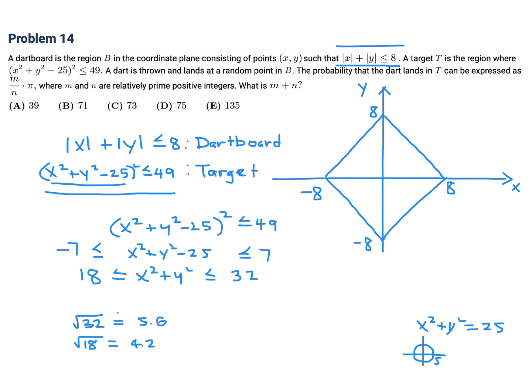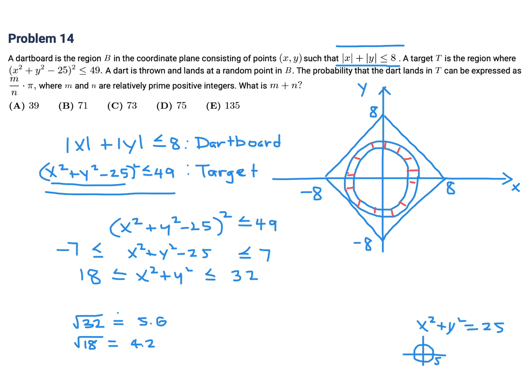It's not going to be perfect, but something like this here, and then this right here. Yeah, that's what we're looking at. And what's in the middle, that is our target.